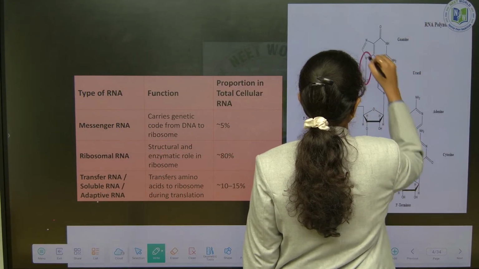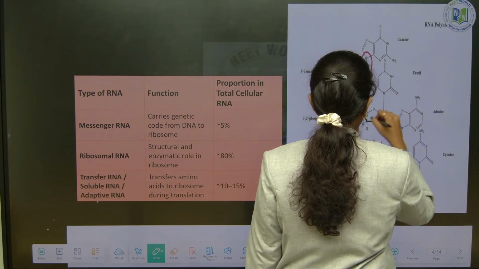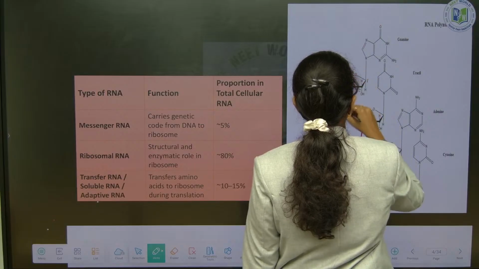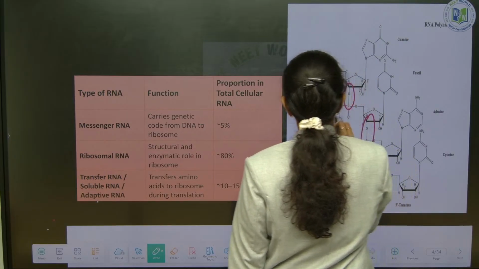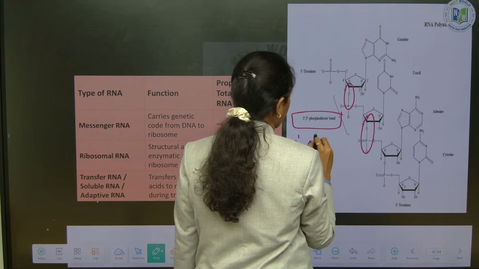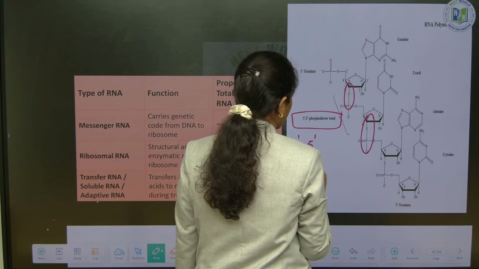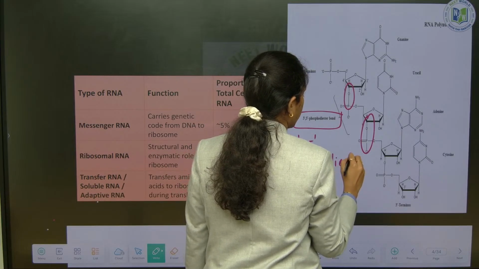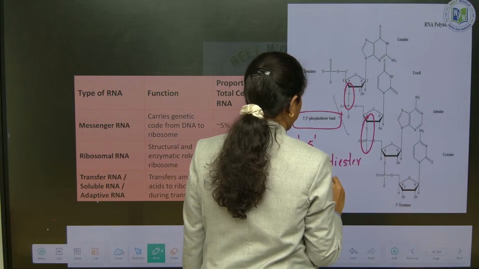See, this is how 2 nucleotides are connected. Those are connected by phosphodiester bond. That is 3' to 5' connected.